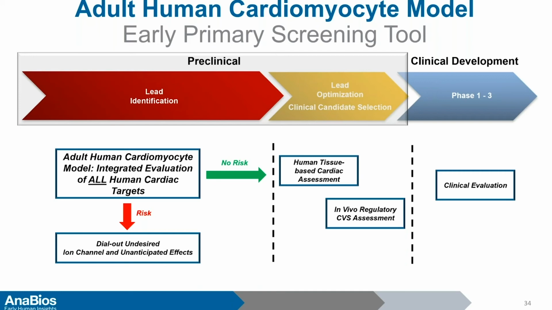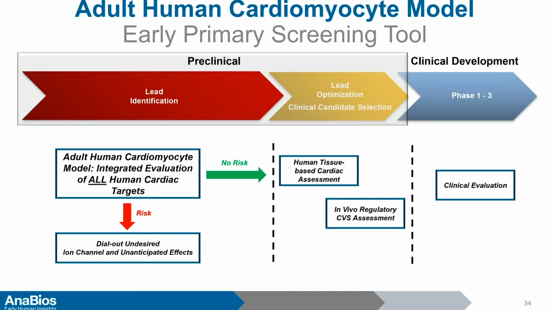If the data indicates that your compound is associated with a risk, the mechanistic information that we can derive from the myocyte contractility experiment can help to implement follow-up screens, including ion channel screens, to dial out the liability. We strongly believe that this strategy will accelerate preclinical development and will help to efficiently dial out liabilities.